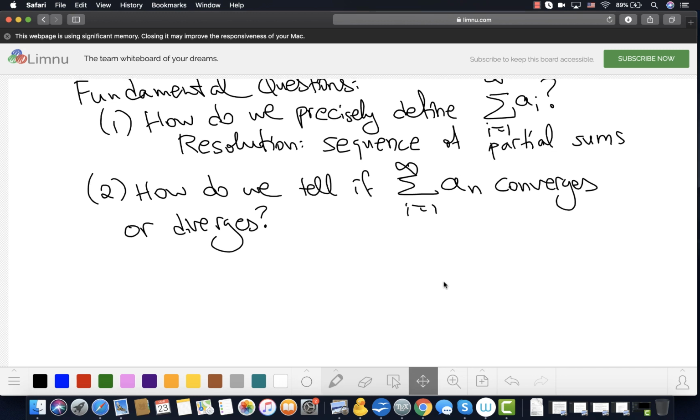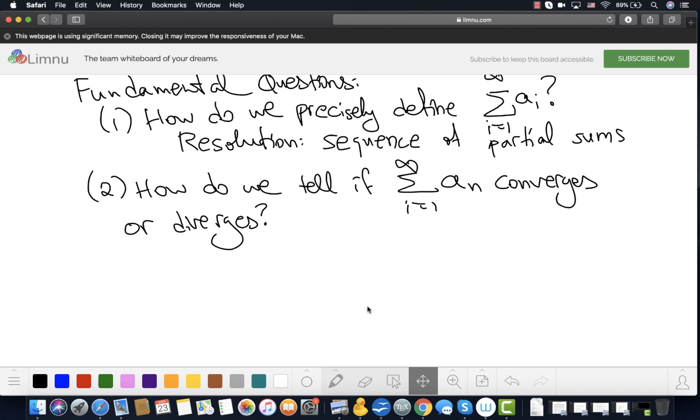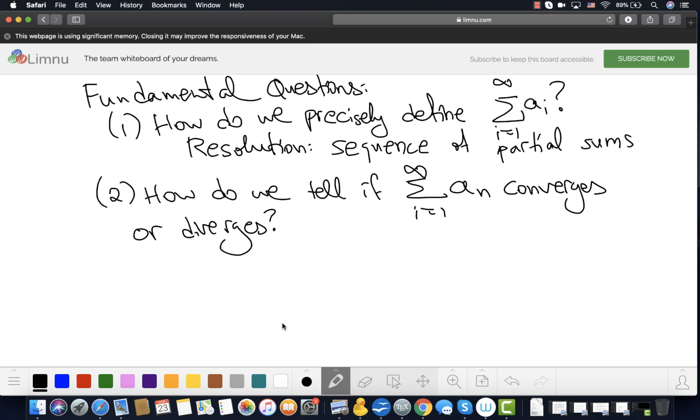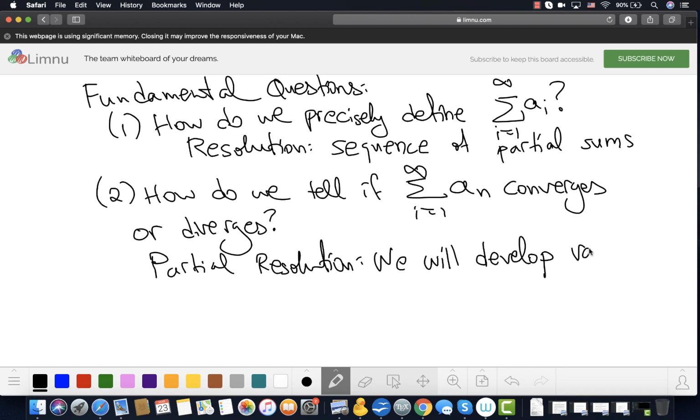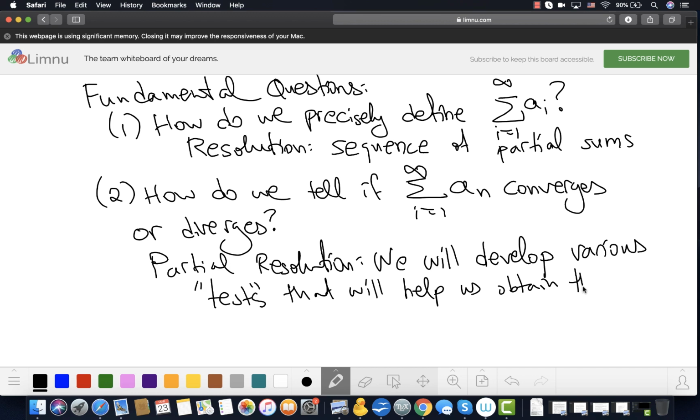In general, it depends a lot on the sequence a sub n, but a partial resolution of this question is that we'll develop various tests. These are going to be called tests that will tell us oftentimes whether the given series converges or diverges. That will help us obtain the answer.